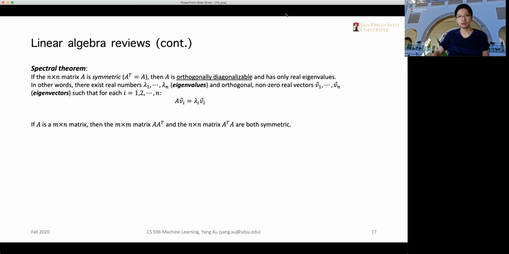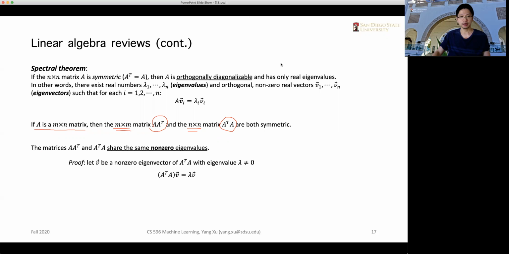Now we generalize this situation a bit by looking at a matrix A with m by n dimensions. The result of A times A transpose is m by m, and the result of A transpose times A is n by n. So they have different dimensions, but they are both symmetric.